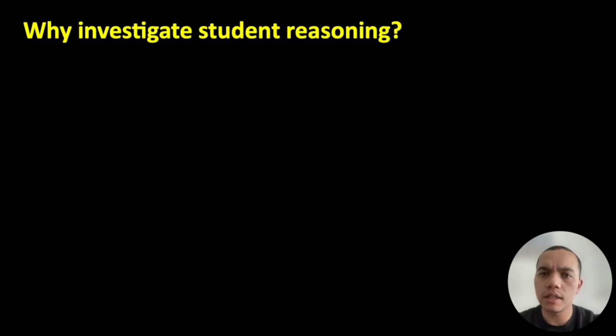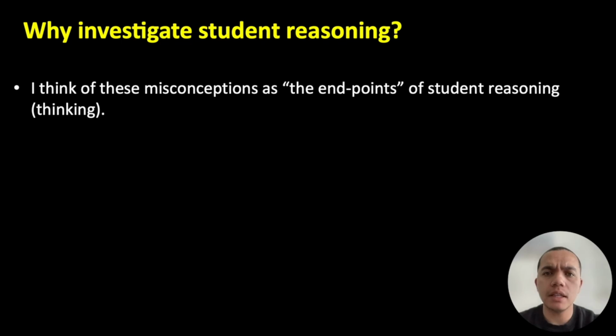Given the fact that these so-called misconceptions often reappear after instruction, I felt the need to look at this from a different angle. Instead of thinking of these misconceptions as beliefs that are difficult to change, I want to frame it like this. Let's think of these misconceptions as being the endpoints of student reasoning.